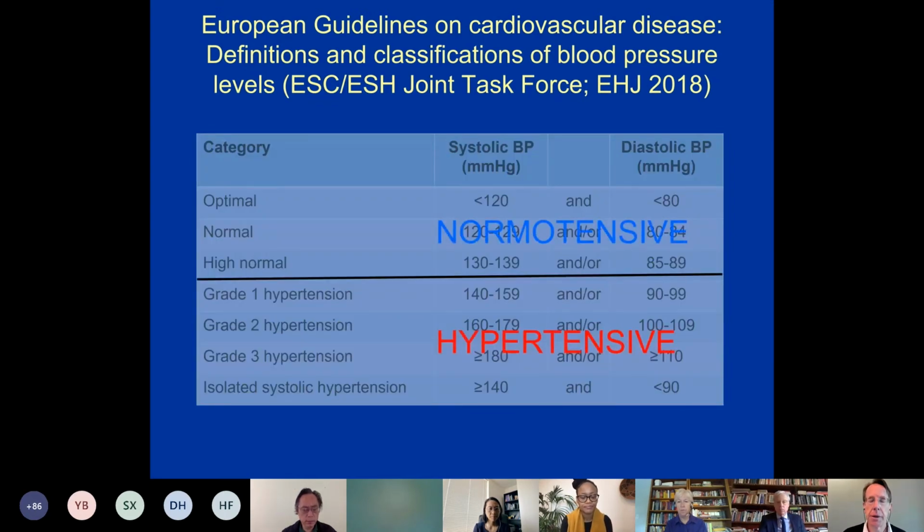And they then divide that into normotensive, that is a systolic below 140, diastolic below 90, or hypertension with levels above that.